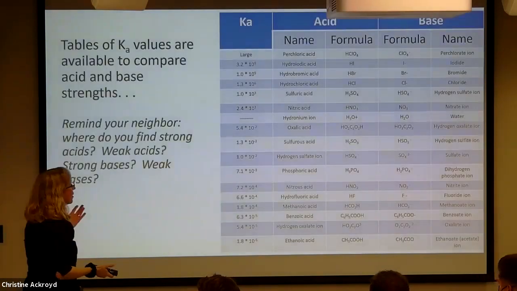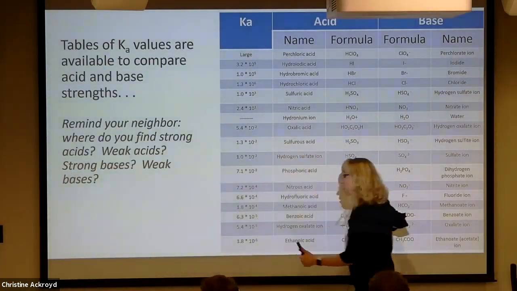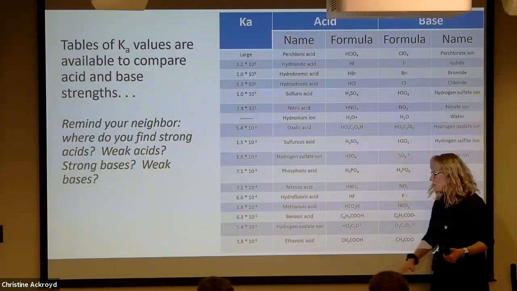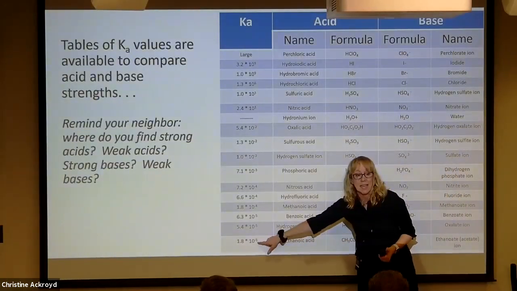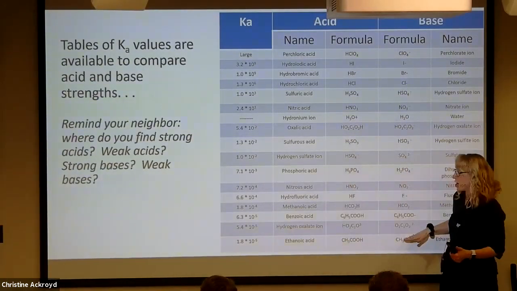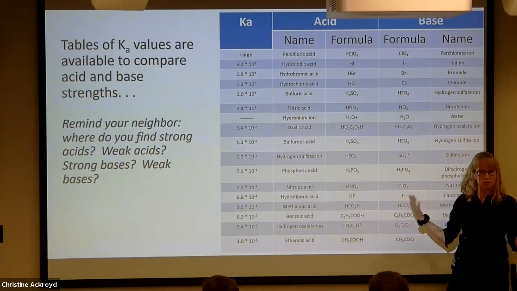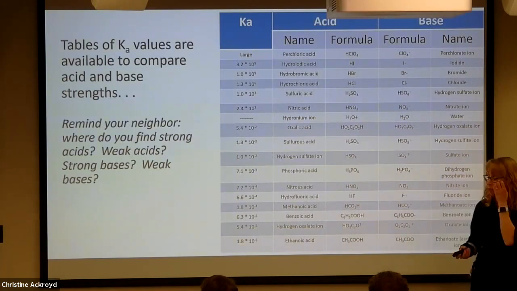So go back to the table here. The conjugate base strength is related to the strength of the conjugate acid, right? So the base strength is related to the Ka value. Does that mean the conjugate base strength is also related to the pKa value? It is, because those are just different ways to say the same thing, right?